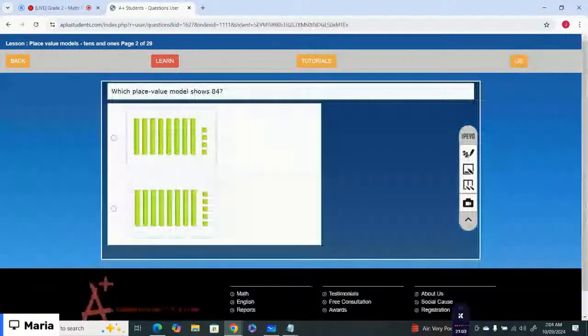The next one is which model represents 84, which is the correct option?